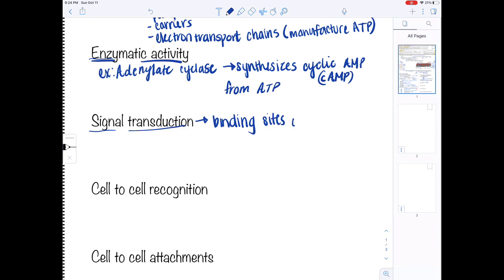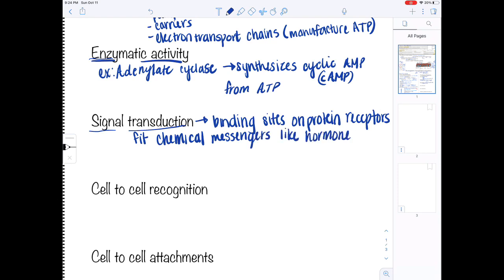Our binding sites on our proteins or protein receptors are going to fit the chemical messengers that are coming in, such as our hormones. So when those hormones come in, they bind to those binding sites, and based off the hormone that came in, the protein will change its shape and then pass that message forward into the cell.